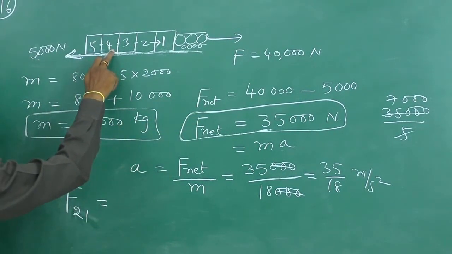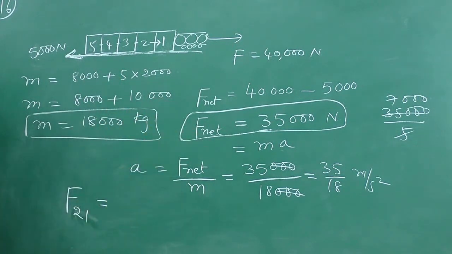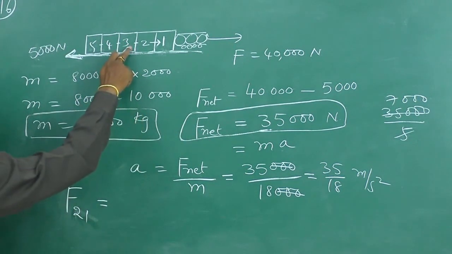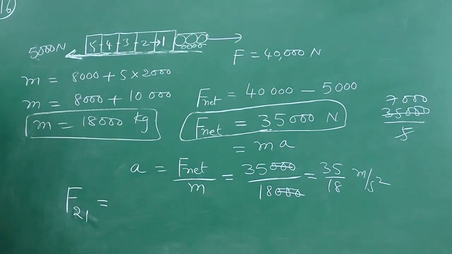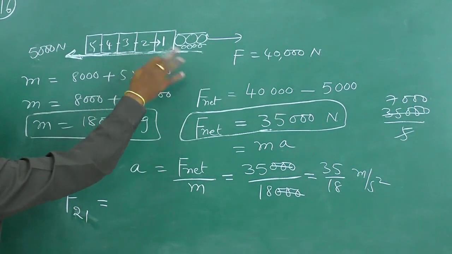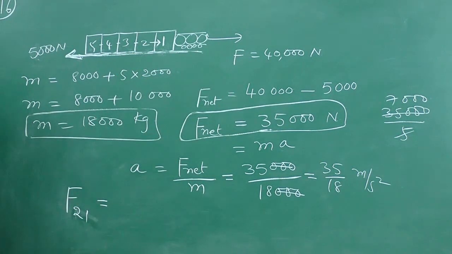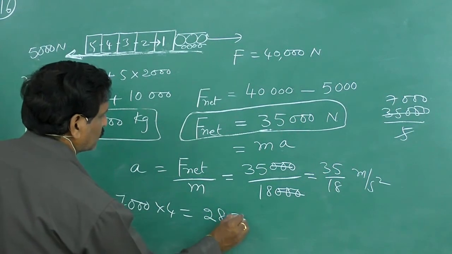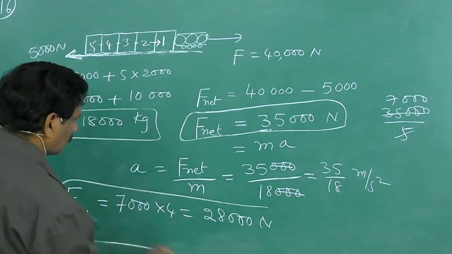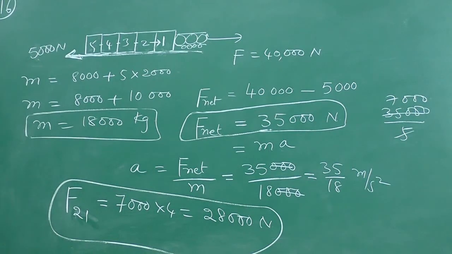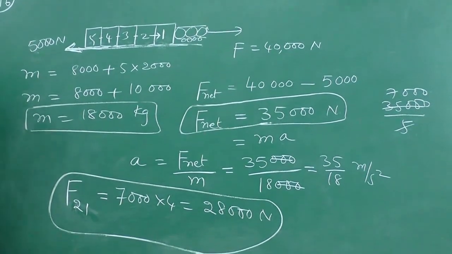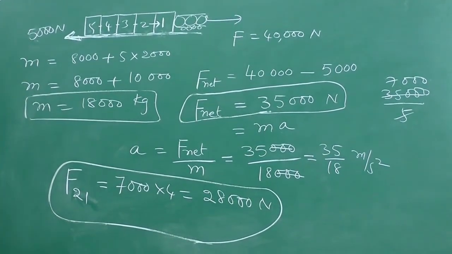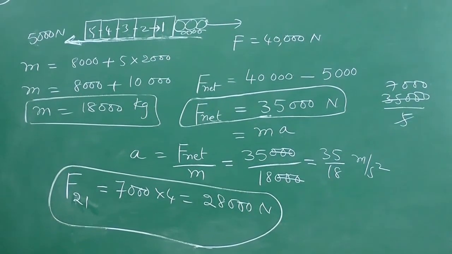On wagon 4, a force of 7,000 into 2, 14,000 Newton. On wagon 3, 7,000 into 3, 21,000 Newton. On wagon 2, 7,000 into 4, 28,000 Newton will be acting by wagon 1.